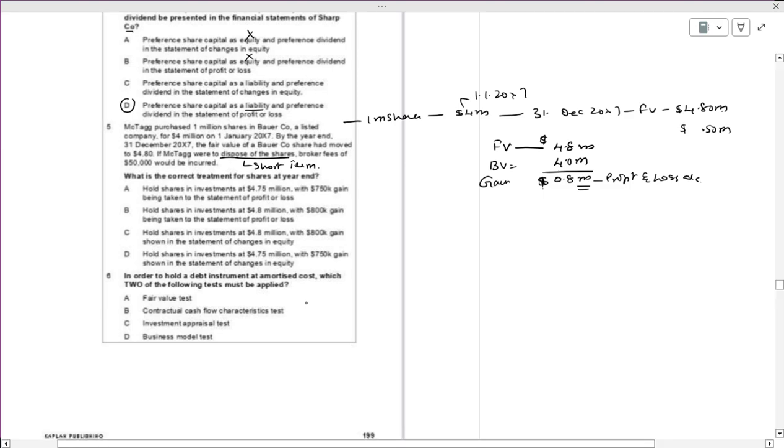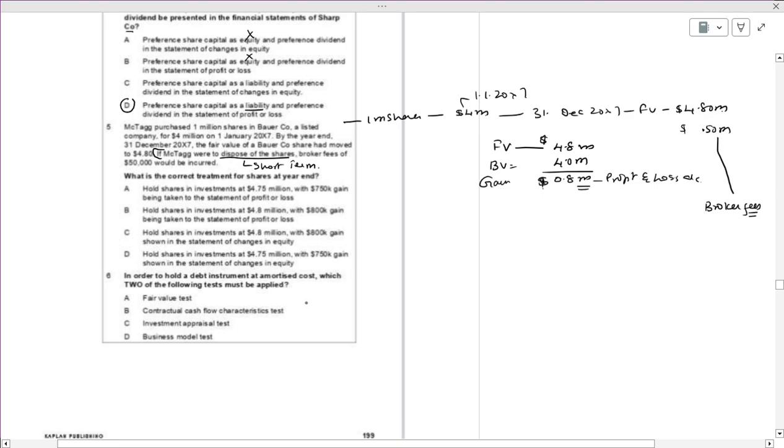Okay, what is the answer? They say "if", which means they have not sold. If they have not sold, the broker fees will not be included.